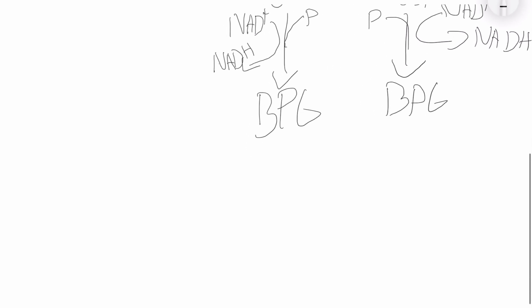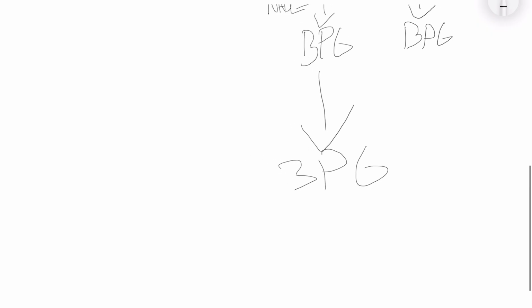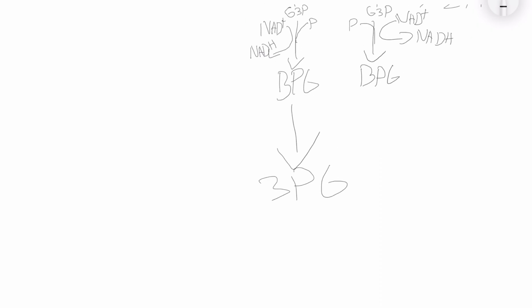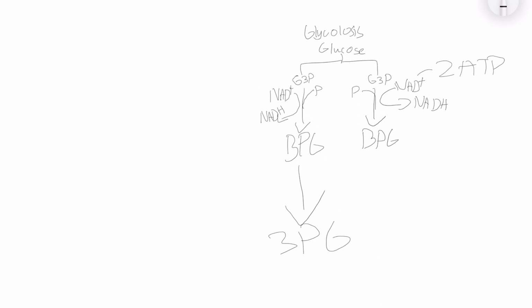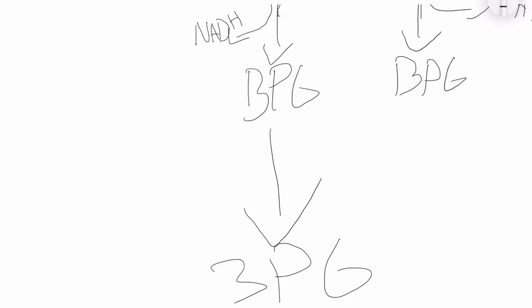So next, what we're going to do is convert it into 3PG. So 3PG is 3-phosphoglycerine. Alright? So how we do this is, BPG has 1 more phosphate than 3PG.